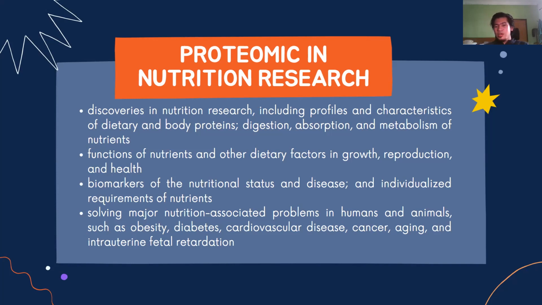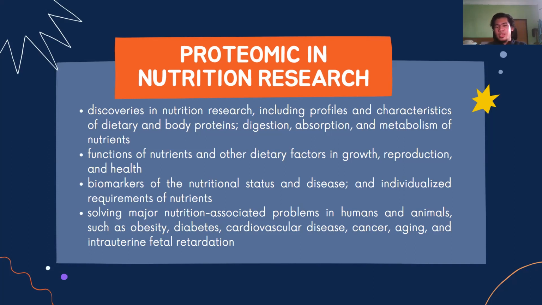And sometimes there are biomarkers of nutritional status and disease, and individualized requirements of nutrients, which are usually used as biomarkers to detect a specific nutrient in order to obtain the nutritional status or to find out the disease. So this helps in solving major nutrition-associated problems in humans and animals, such as obesity, diabetes, cardiovascular disease, cancer, aging, and intrauterine fetal retardation.